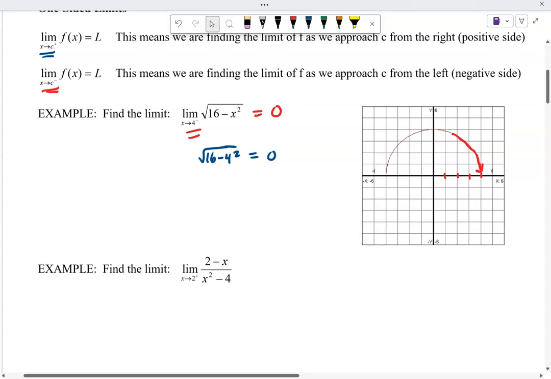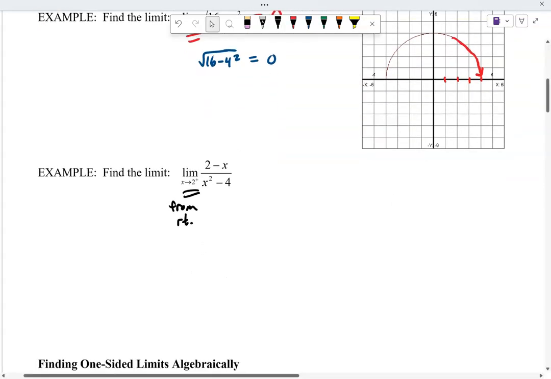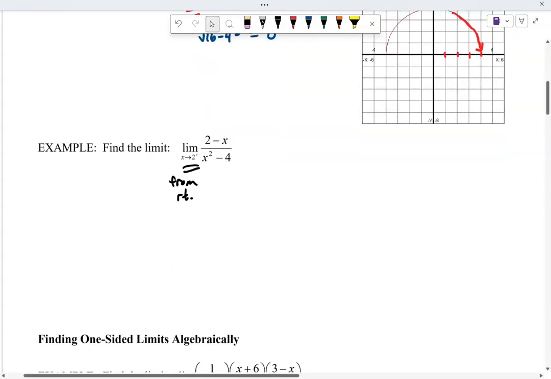Let's do this next one here. Find the limit as x approaches 2 from the right. We've got 2 minus x over x squared minus 4. If we were to graph this, let me write this as negative x minus 2.